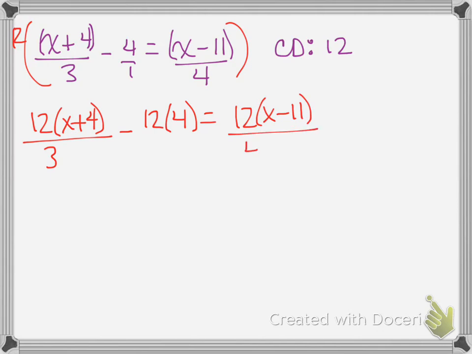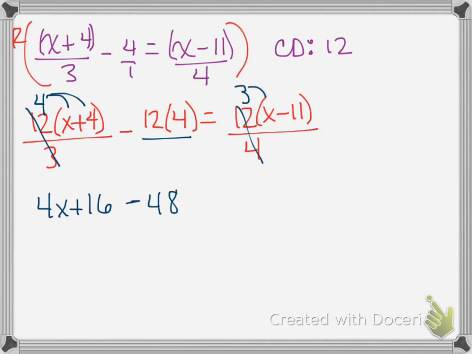Now this is where it gets a little bit tricky. Let's start here. This is easy. This is minus 48. That's not a problem. Think about this, 12 over 3. 12 over 3 is 4, but I still have this outside my parentheses, so I'm going to have to distribute: 4x plus 16. Same thing here.